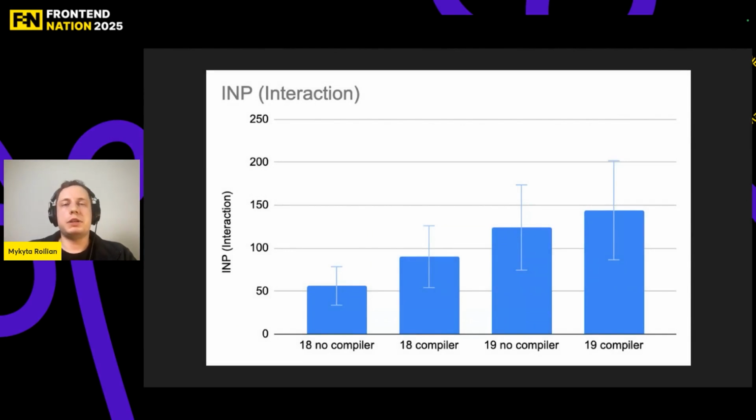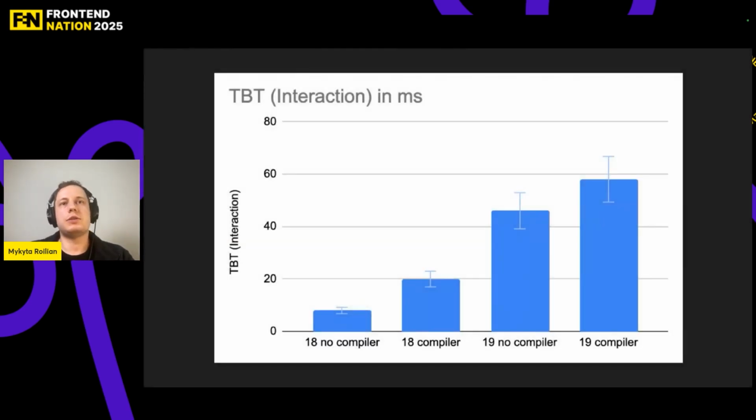But the weirdest picture that you'll see in this case is our interaction to next paint gets worse with the compiler. And for total blocking time, the picture is the same. Why is that? This is a good example of do not apply every technology as soon as you see it, because in this case, a YouTube clone app, every time you click a button, you change the page.